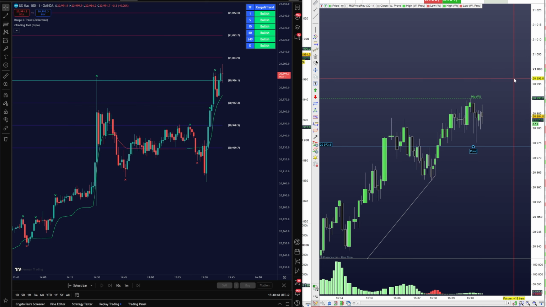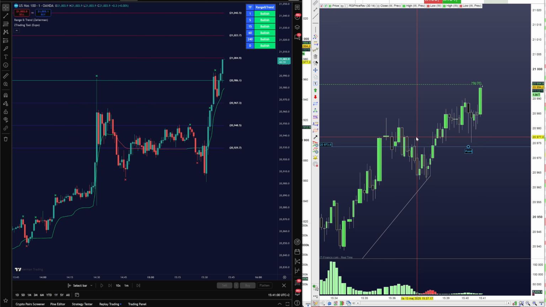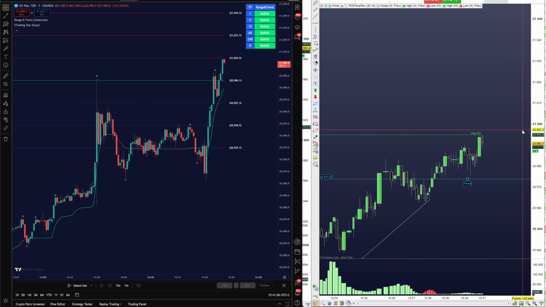Hopefully we can come back up and retest the 21k mark, and if we do that, I will of course take a little bit of profit, but if we see the high momentum we can easily get a 50 point flush right up.